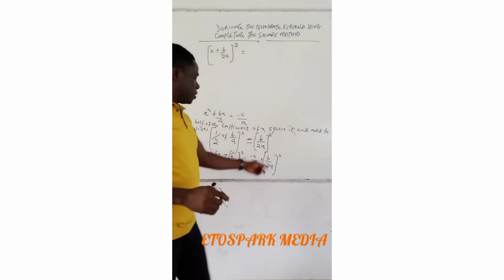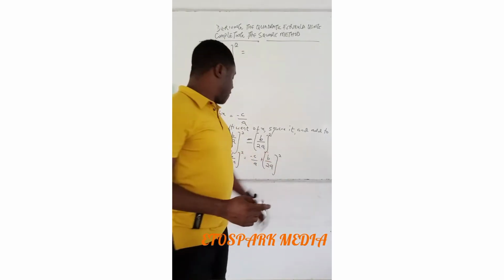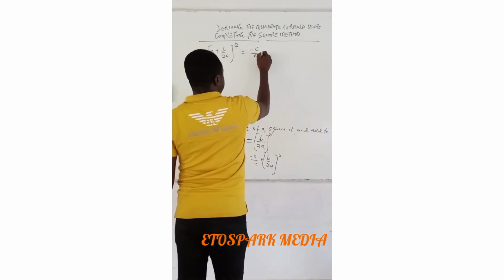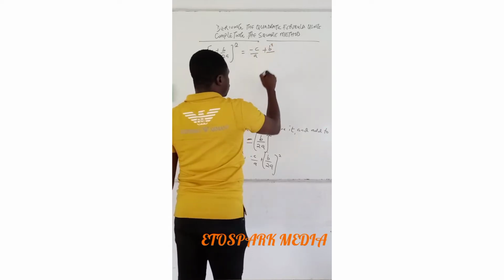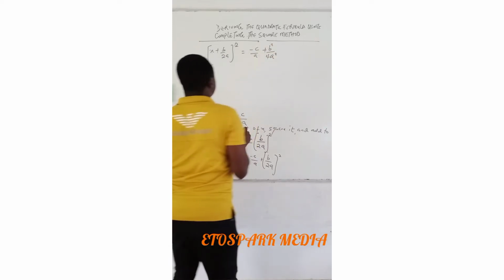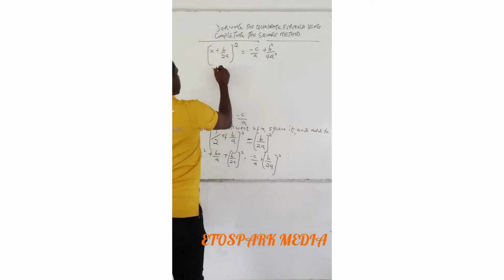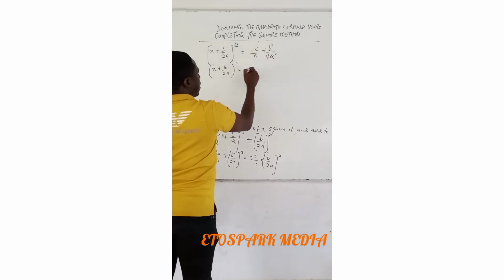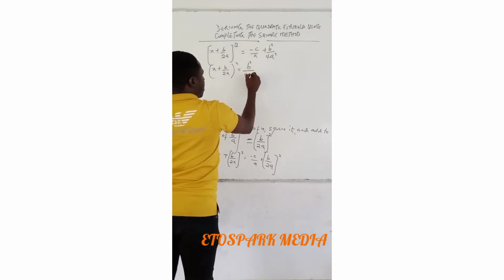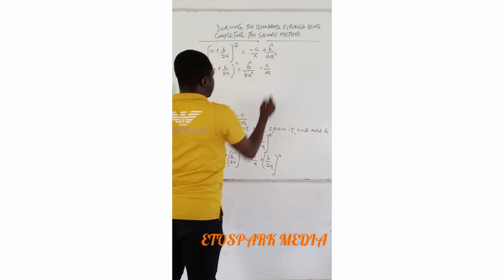For the right side, we simplify by saying minus c over a plus b squared all over 2 squared, which is 4a squared. Now this becomes x plus b over 2a all squared equals b squared over 4a squared minus c over a.